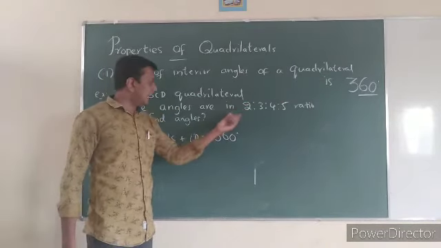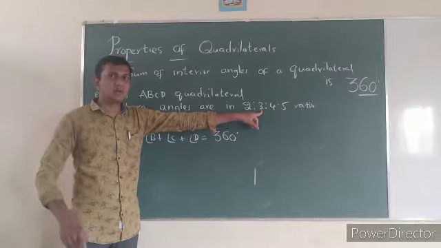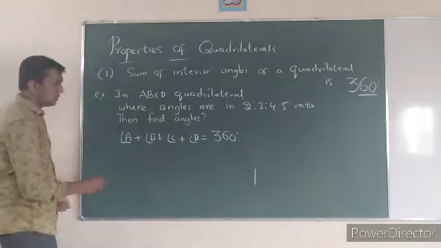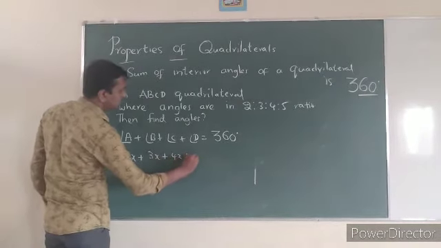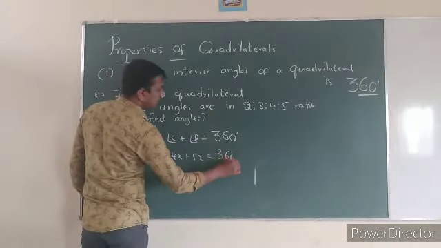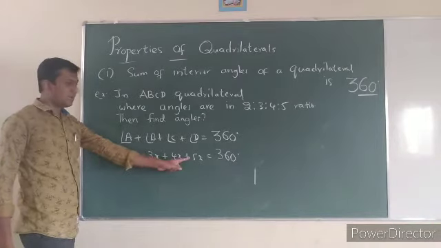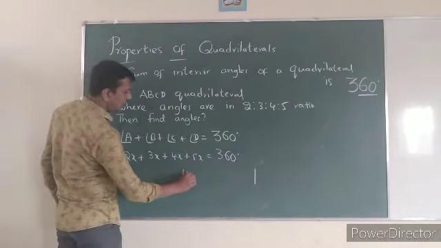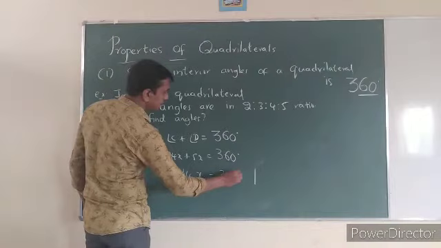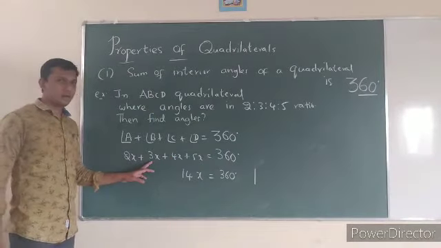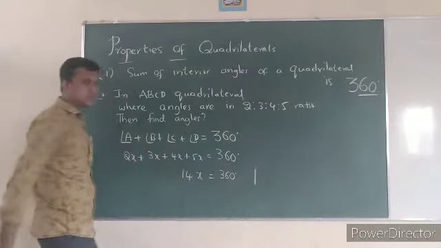The first angle takes 2 parts of the total, the next 3 parts, and so on. So we write 2x, 3x, 4x, 5x. Now 2 plus 3 is 5, 5 plus 4 is 9, 9 plus 5 is 14. So 14x is equal to 360 degrees.